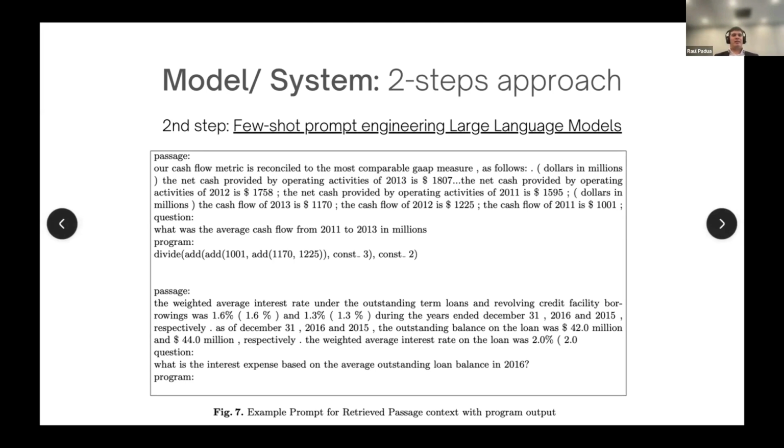So given the passage, the question here was: what was the average cash flow from 2011 to 2013, in millions? And the model predicted a program to perform this calculation here. For the sake of time, I'm not going to repeat it out loud.